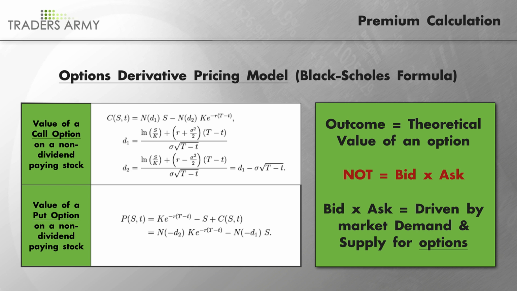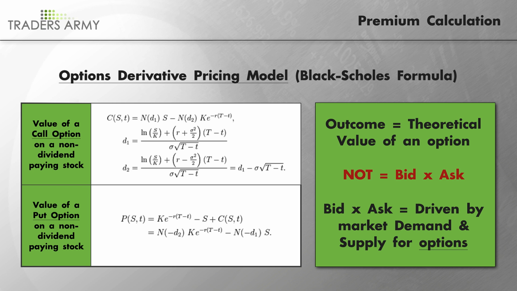The theoretical value is calculated through what is known as the Black-Scholes formula. It was a Nobel Prize winning formula created by Fisher Black and Myron Scholes back in the 1970s, that actually was adopted into the options trading market in the early 1970s, 1973, I believe.